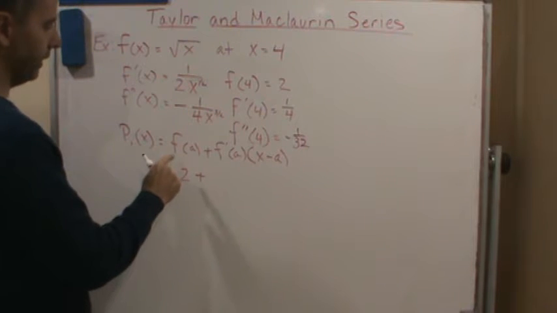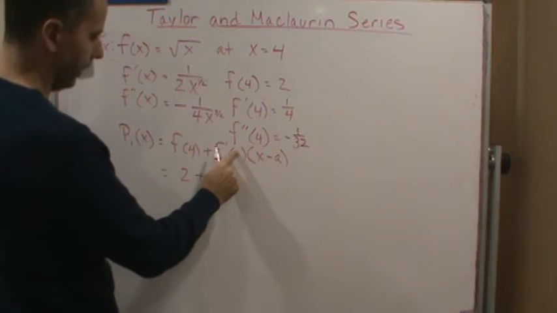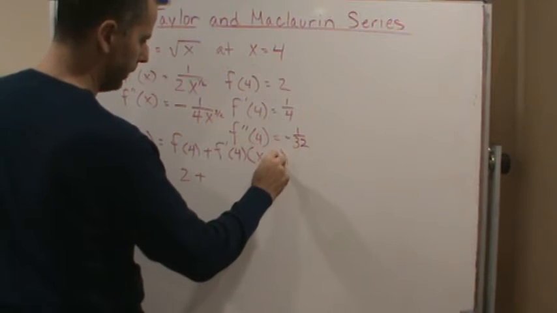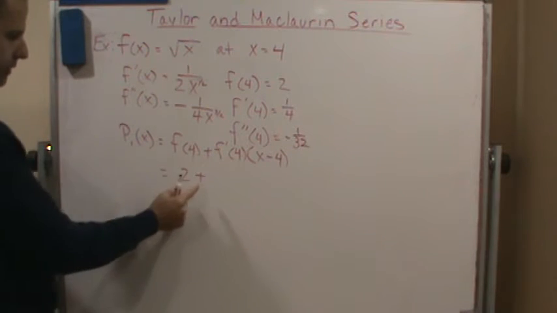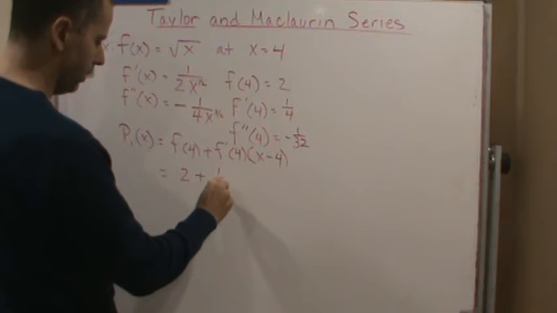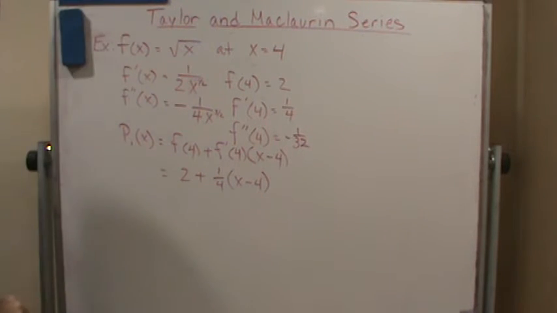And f of a, which is f of 4, is 2, and f prime of 4 is 1/4, and this is x minus 4. So this is going to be 2 plus 1/4 times x minus 4.